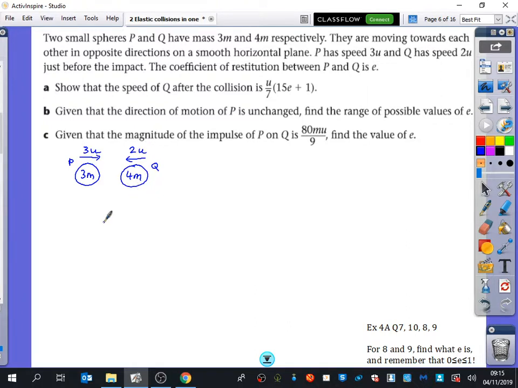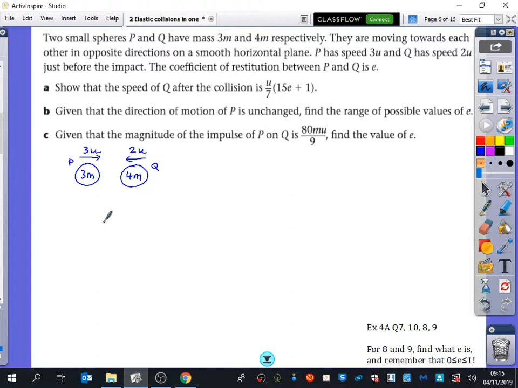So this whole question is just saying there are two particles where the ratio of the masses is 3 to 4. It could be 300 kilograms and 400 kilograms, or it could be 3 grams and 4 grams. As long as they're in that same ratio, then this should be true. And it's the same with the speed, that this one is going 3 times some speed and this one is going 2 times some other speed. So we're trying to make these scenarios as general as possible.